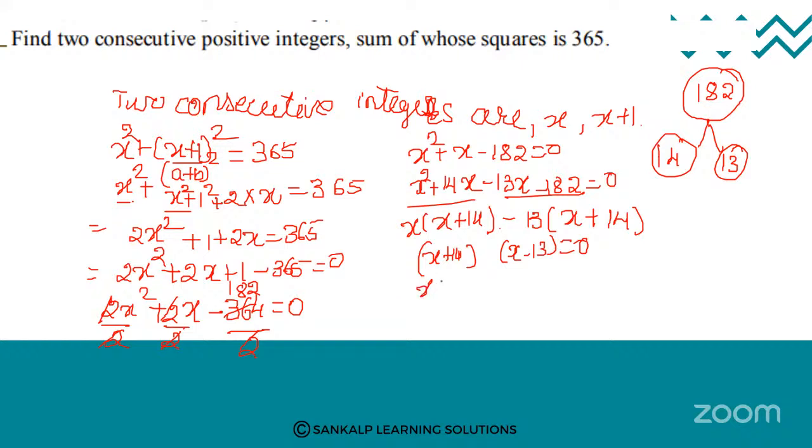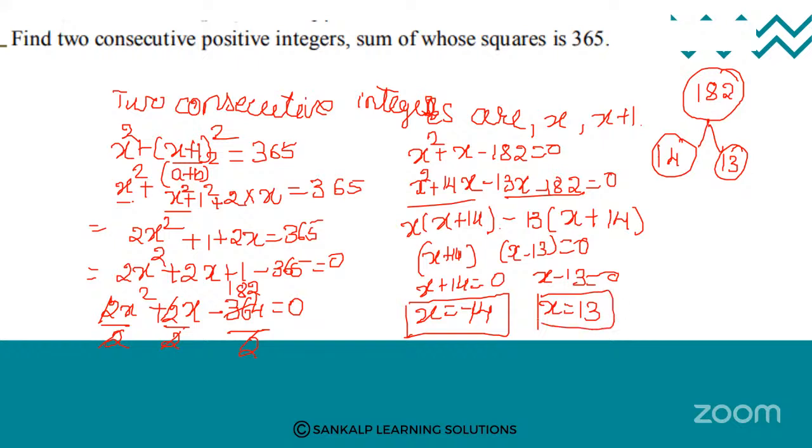So x plus 14 is equal to 0, x minus 13 is equal to 0. x is equal to, transfer this plus 14 to this side, it will be minus 14. x is equal to, transfer this minus 13 to this side, so plus 13. So we are getting two roots, that is minus 14 and plus 13.